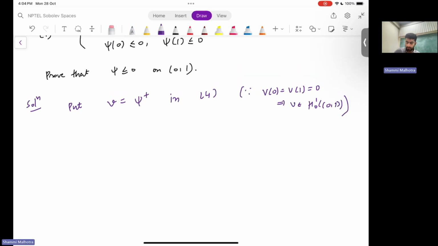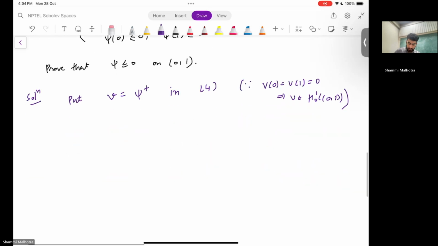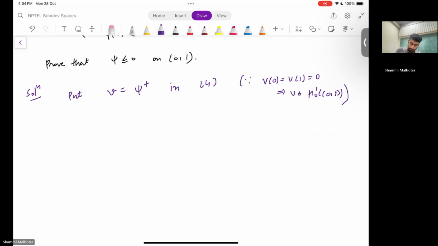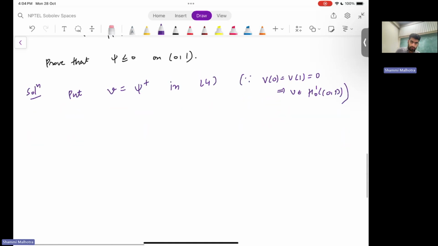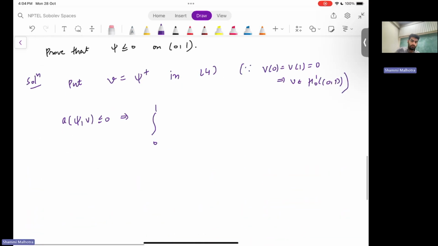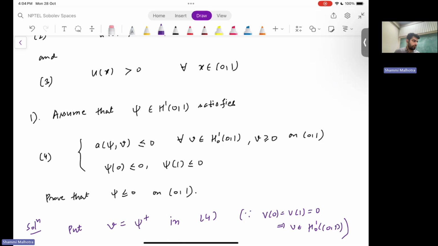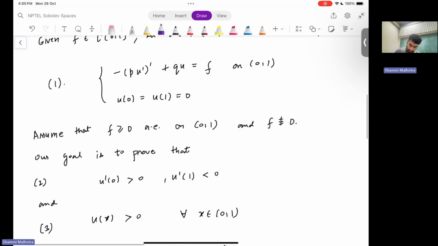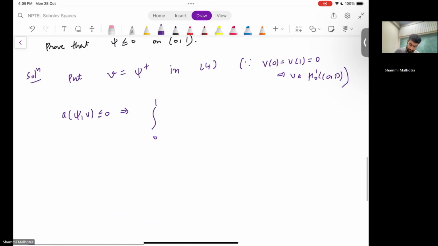Once that is the case, when we put this in, we have a(psi, v) less than or equal to 0. This implies the integral from 0 to 1. And what was my a? My a was nothing but this form, so the integral of p psi' v' plus q psi v is less than or equal to 0.